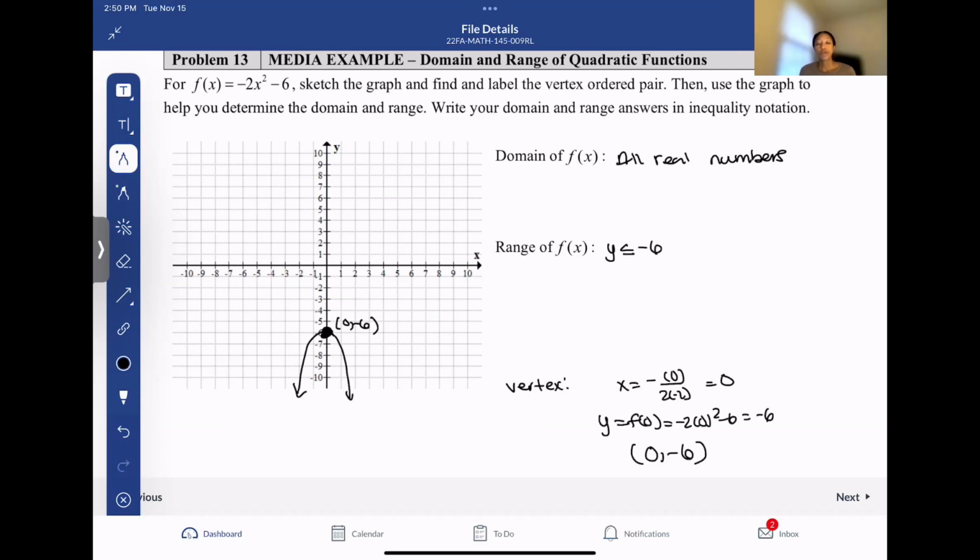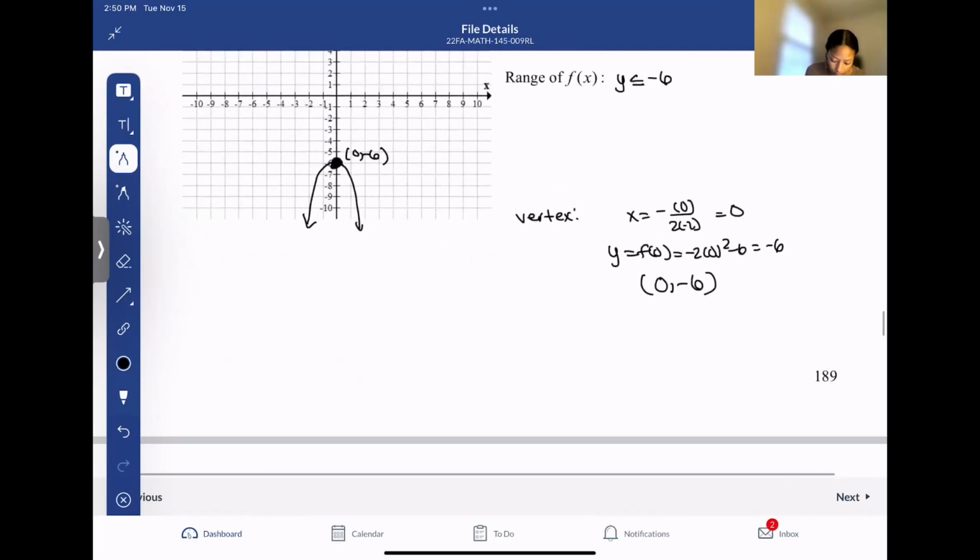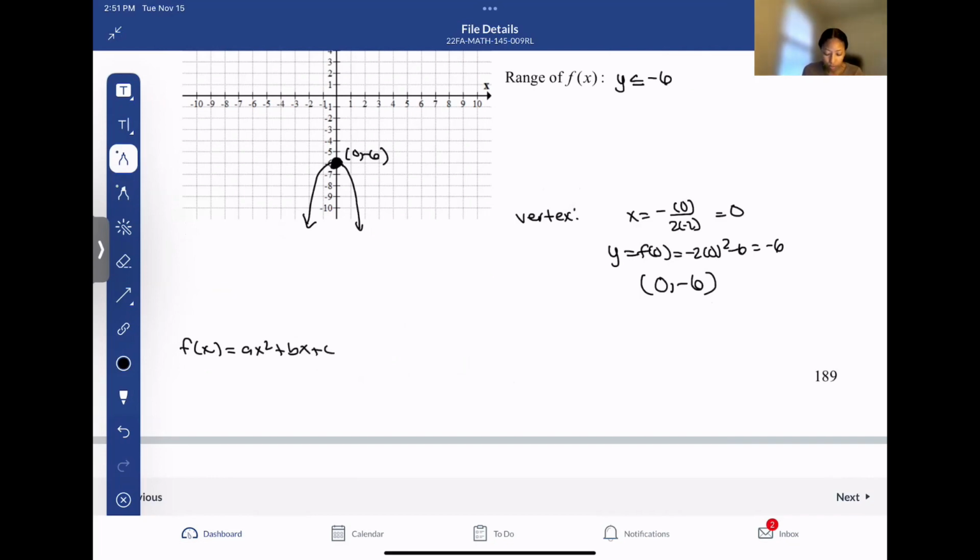All right, that's it. What we need to take from this section: if you're given a quadratic function, f of x equals ax squared plus bx plus c, you should be able to find the y-intercept, find the vertex, and find the axis of symmetry.